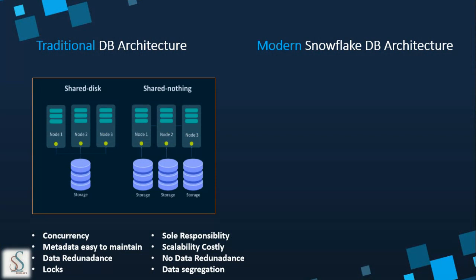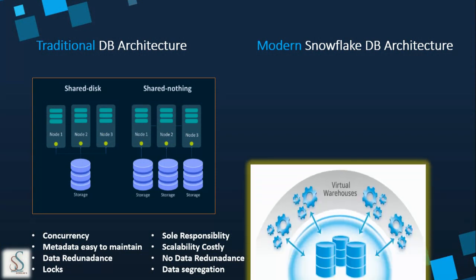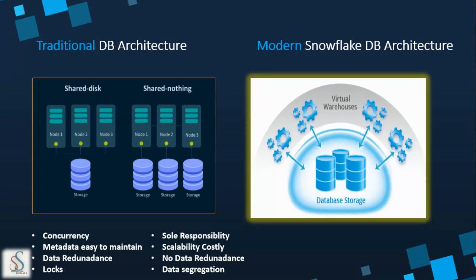Then what architecture is Snowflake using? It's using a combination of shared disk and shared nothing. So here virtual warehouses are nothing but nodes. For now, remember them as nodes, multiple servers. So multiple servers are able to access the database storage which lies in a single location, but maintain different partitions in that single storage location.